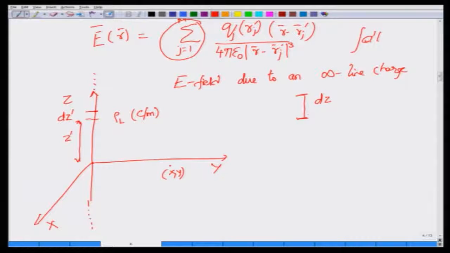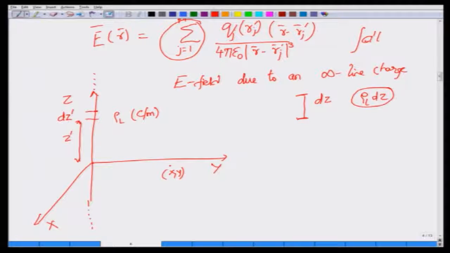What is the total charge that this differential line segment contains? It is simply the line charge density times dz prime, and we are thankful that this line charge density is uniform, in the sense that it does not depend on the x and y coordinates, and in fact does not even depend on the z coordinate. It is constant everywhere. So, this is the differential charge that this particular line segment dz prime possesses.